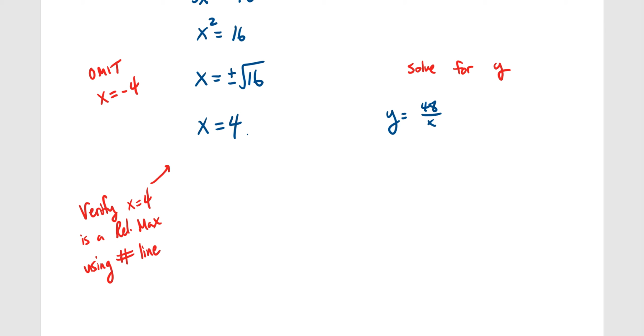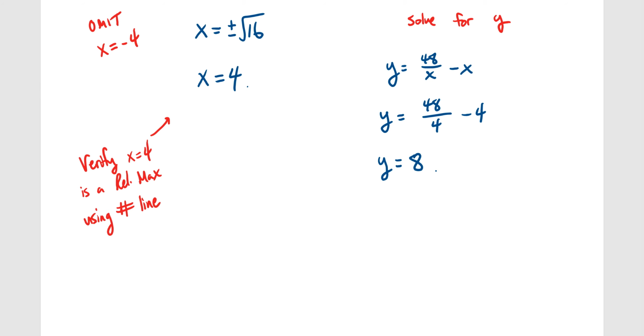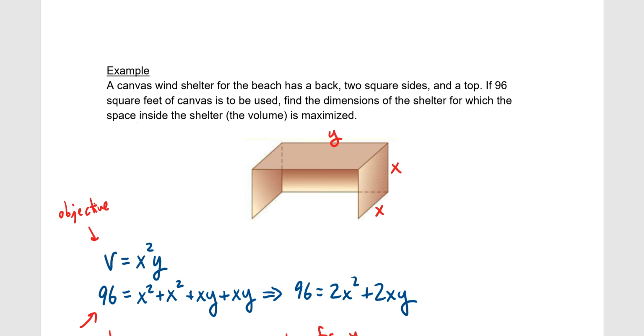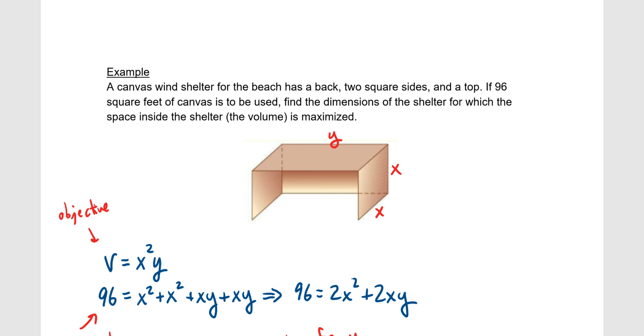So let's go ahead and solve for that. It's 48 over x minus x. We plug in x equals 4. So 48 over 4 minus 4, which gives us 12 minus 4, so we get 8. So those are going to be our answers, and the dimensions of these were in feet.